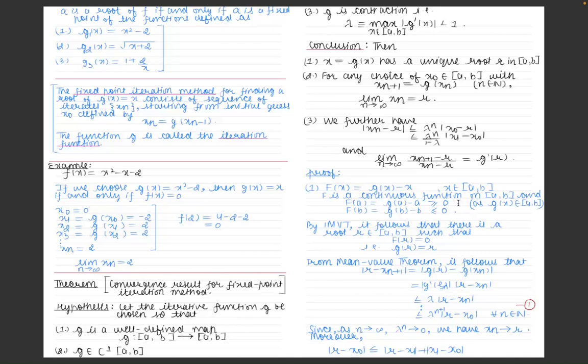So this is actually negative, as g of x belongs to [a, b], which means g of x is less than or equal to b.